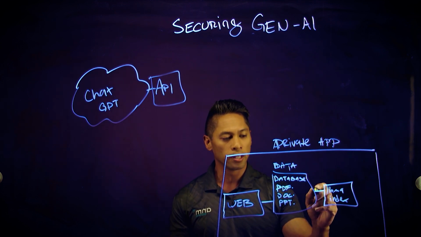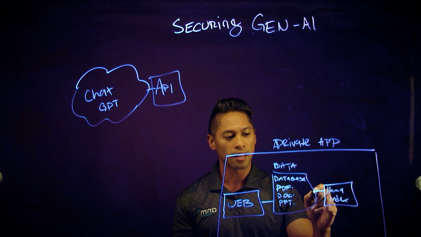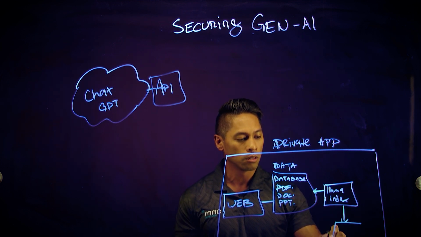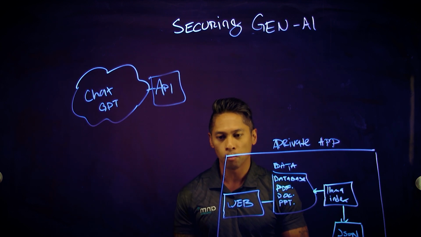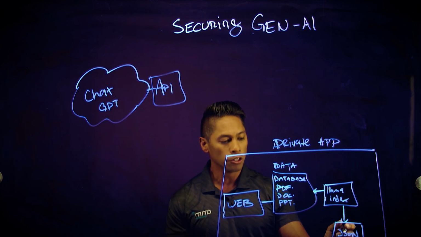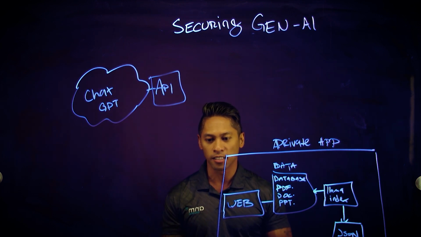And what this will do is it'll actually read this data set and then convert it to a file that can be read by our LLM. So usually it's some sort of a JSON file as an example.